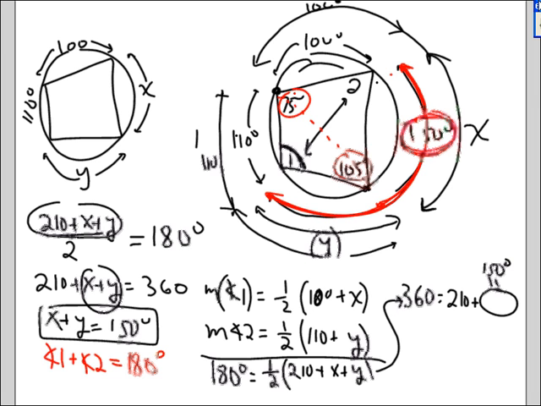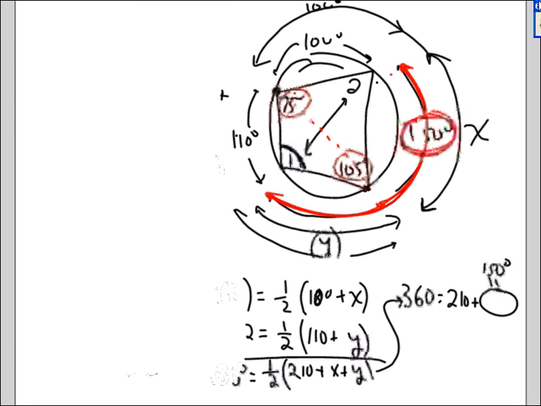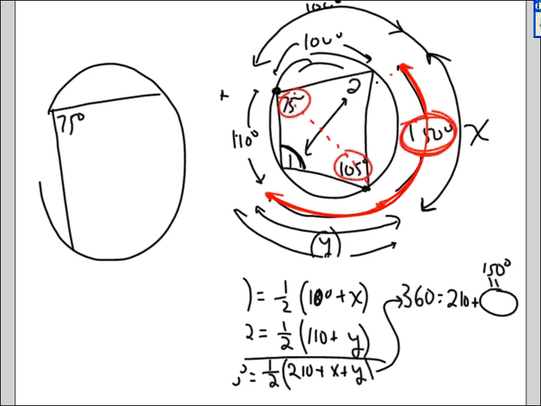The thing is, let us try to convince ourselves that we don't have a unique four-sided figure. Let us prove that we do not have a unique four-sided figure. This here is 75 degrees, and it's inscribed in a circle. Now, this is fixed.